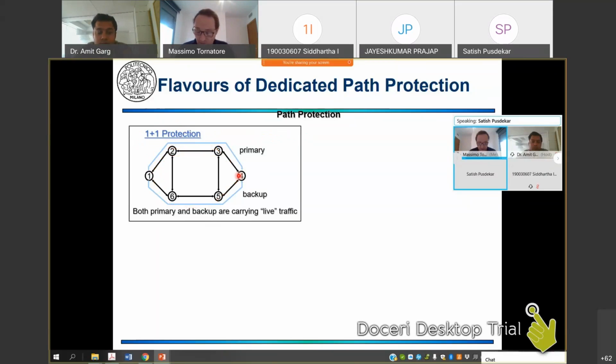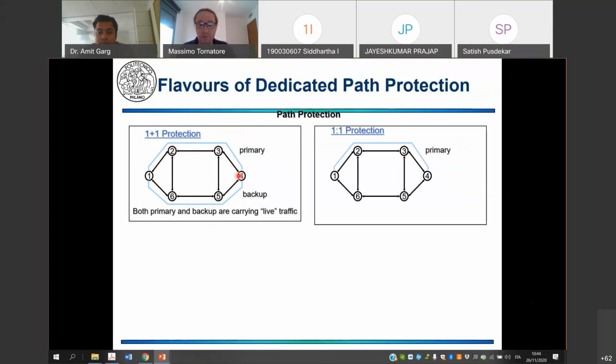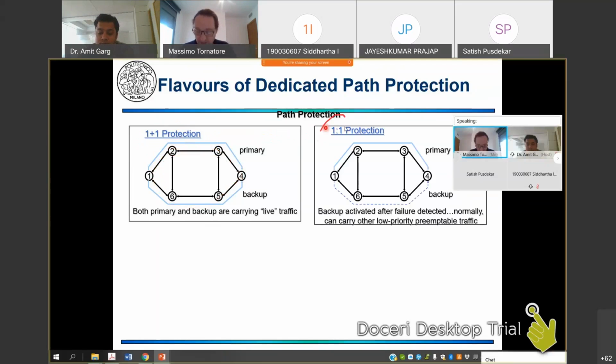Another way of implementing dedicated path protection is what people call one-to-one protection. In one-to-one protection, you send live traffic on the primary, and on the backup path you don't send traffic unless there is a failure, which is what I've shown in the previous example. Obviously, this allows you to reuse this capacity if needed, for example for preemptible or low priority traffic.